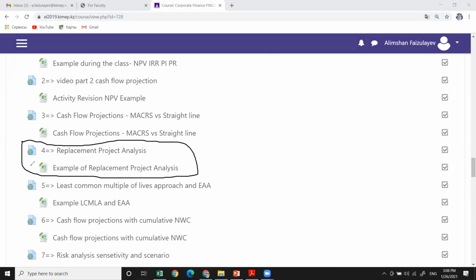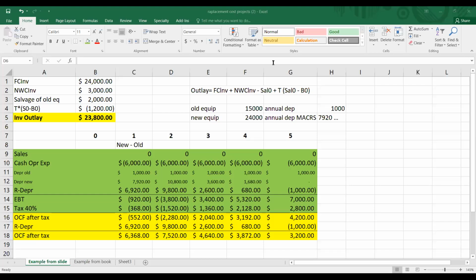So this file you can download now and work on whatever I asked you to do. So while you're doing it, I will prepare for you an activity part on Moodle.